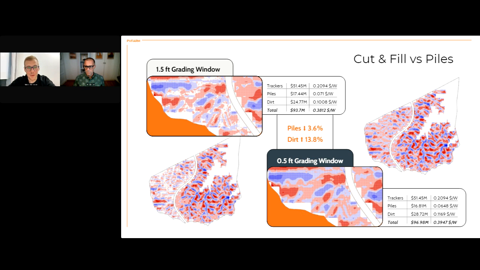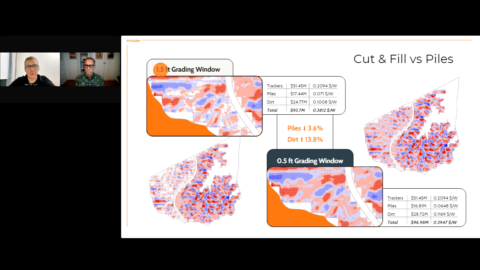So the first one is probably very popular and everybody understands this. It's about cut and fill versus piles. In a nutshell, it's all about driving the minimum maximum pile reveal range or grading window, right?